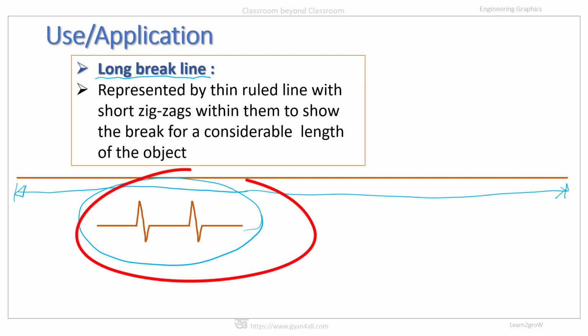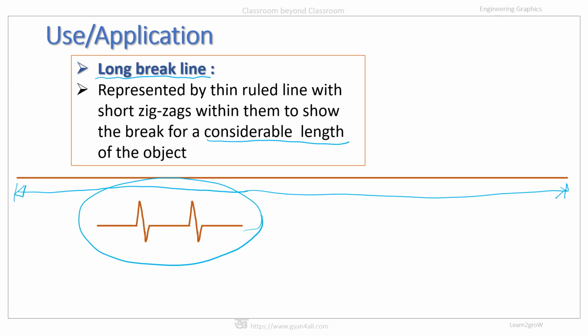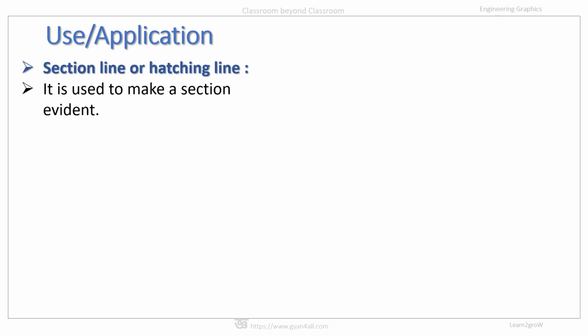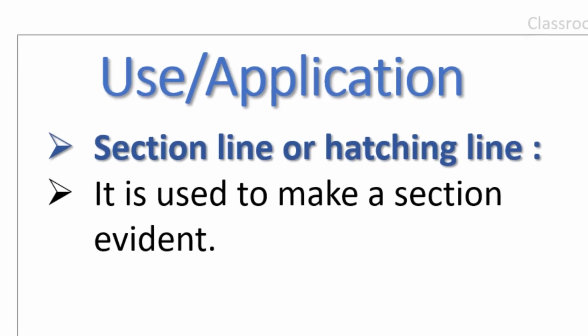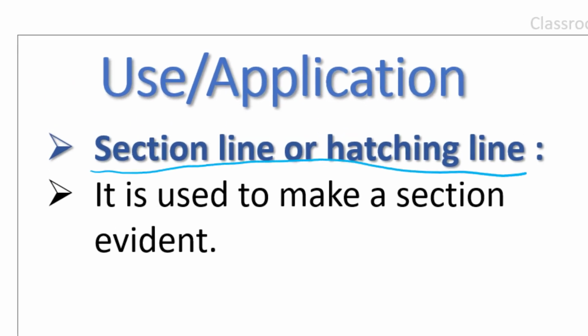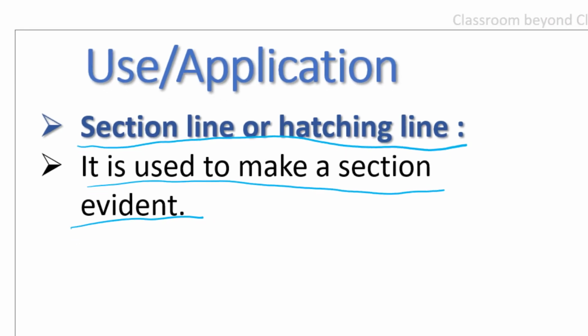This represents that there is a break within the line, but this is actually a long line or long object. So a considerable length of the object is represented by a short line, which is a short zigzag line with less thickness, thin line.